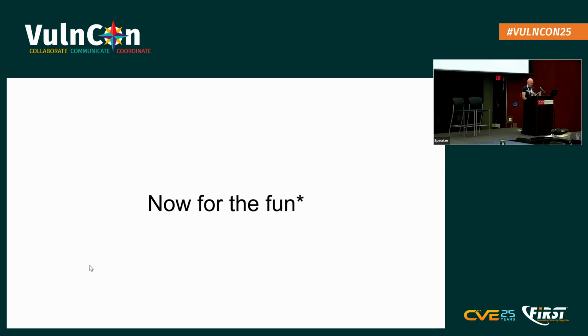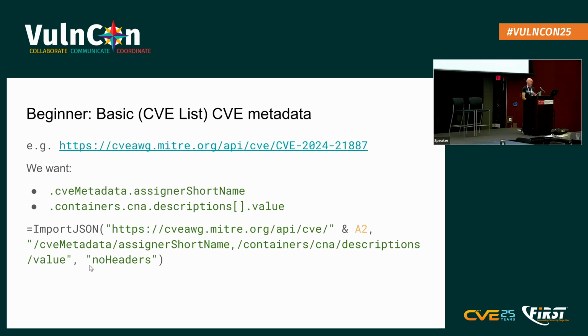And I kind of jumped ahead to the fun because why not? As I said, this may not be the right hammer for the job, but it's a fun one. The one that I just showed you live before was just getting CVE metadata.